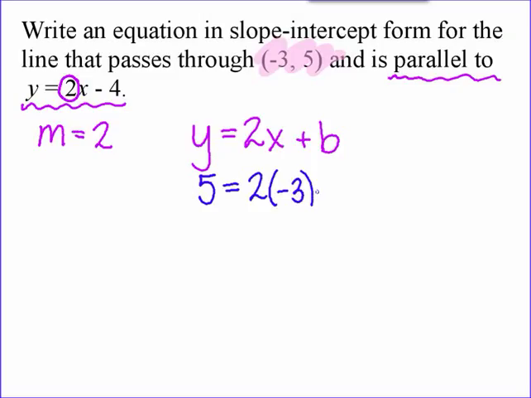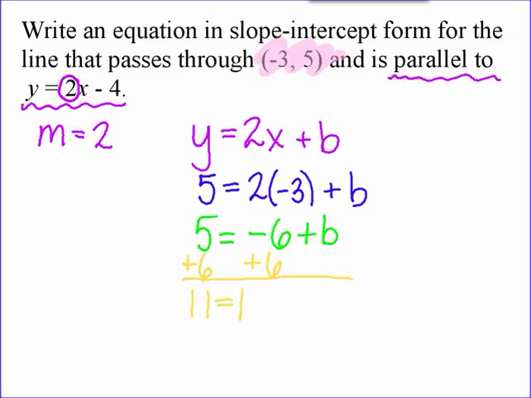Okay. So then now I take 2 times -3, which is what? -6. What do you do now? Add 6, very good. And so 5 plus 6 is? 11. So then now, my equation will now be y equals what? 2x plus 11. And there you go.